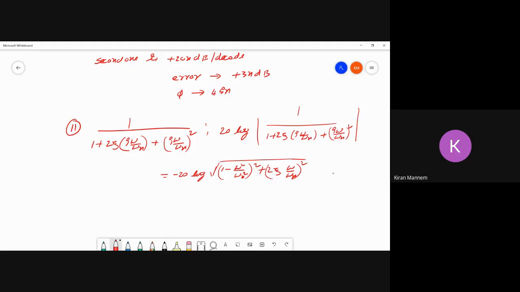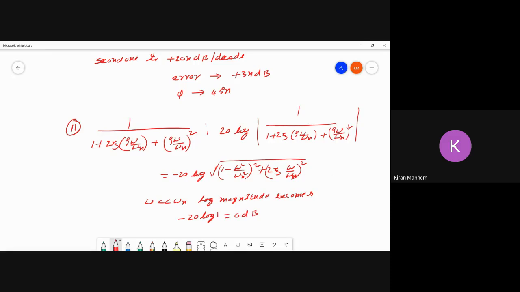So again, for low frequencies, that is omega much less than omega n, the log magnitude becomes minus 20 log 1. So that would be 0 dB.